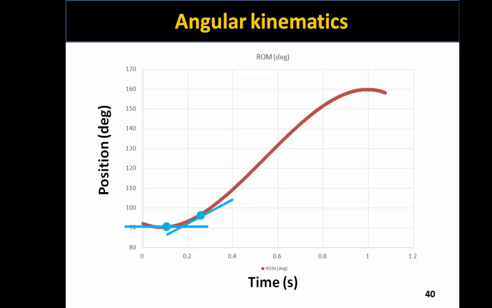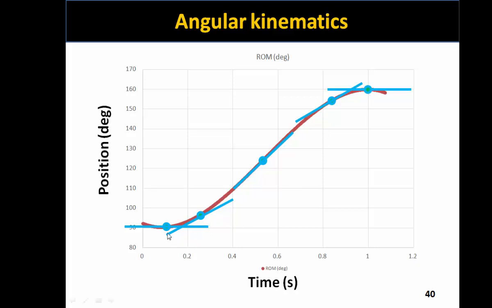But as the leg starts to move, we start to see the slope beginning to increase. It reaches a maximum point somewhere in the middle, and then it starts to plateau, where the speed will start to slow down, and then it approaches zero again when the knee has stopped moving at terminal knee extension.